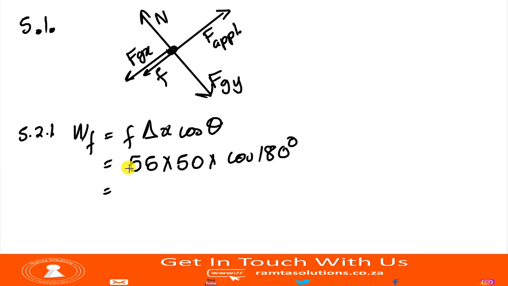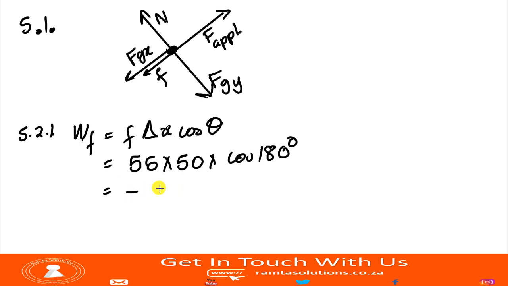So let's see. 50 times 5 will be 250, and 50 times 50 will be 2,500, and then 5 times 50 will be 250. So this must be 2,750, but negative.